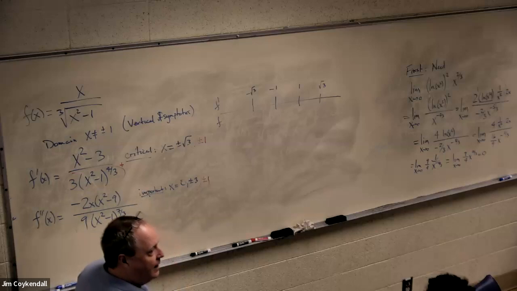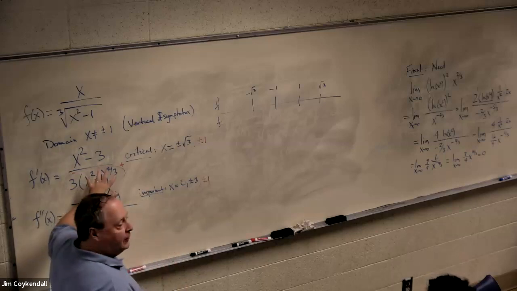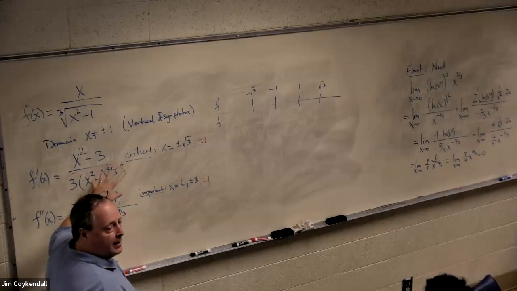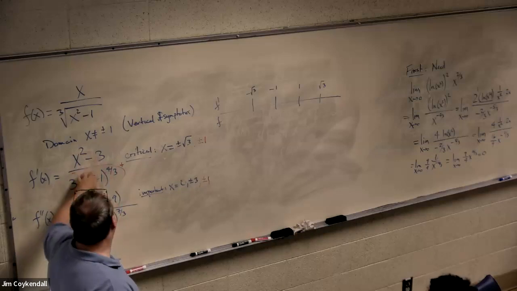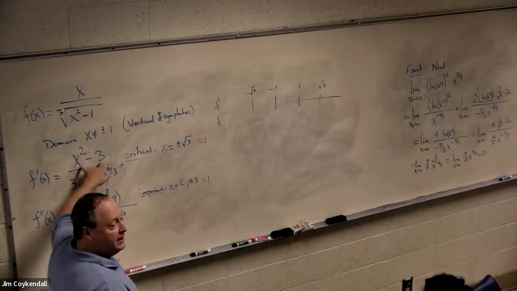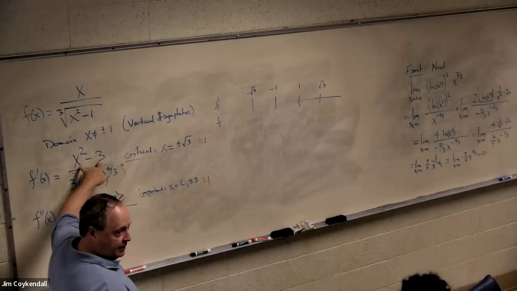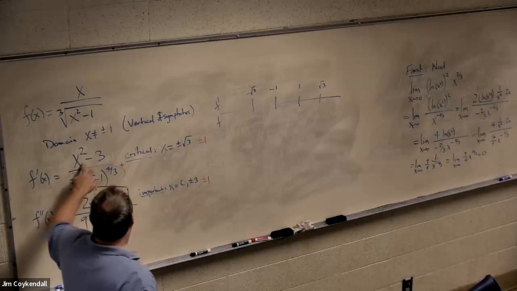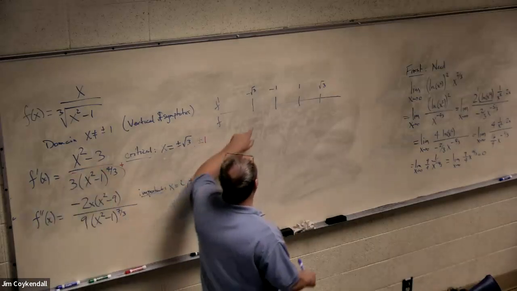Everybody agree? So for the first derivative, the denominator has no bearing on the sign of the derivative. It's completely controlled by the numerator.